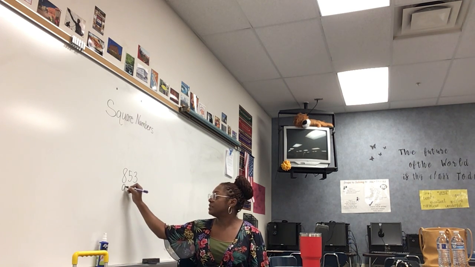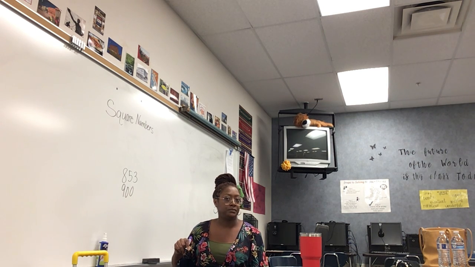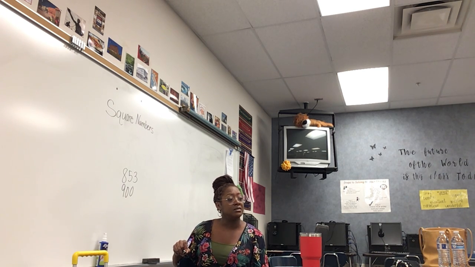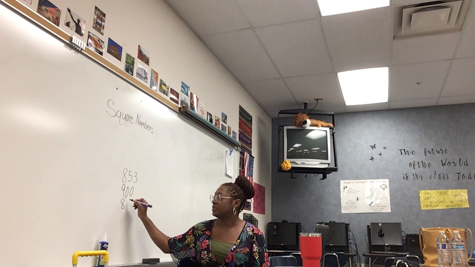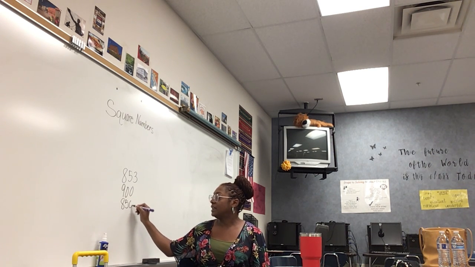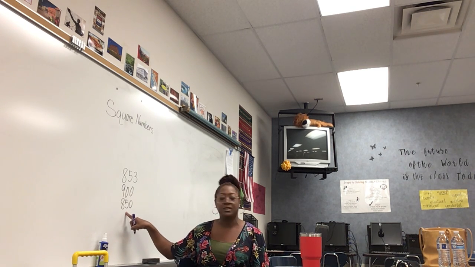Good job, 900. What if I said round it to the nearest 10? 850. I like that you included the 800 because that's the whole number. You can't just round it to 50. Okay?